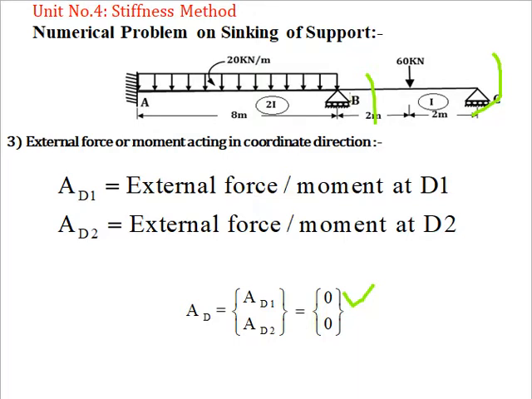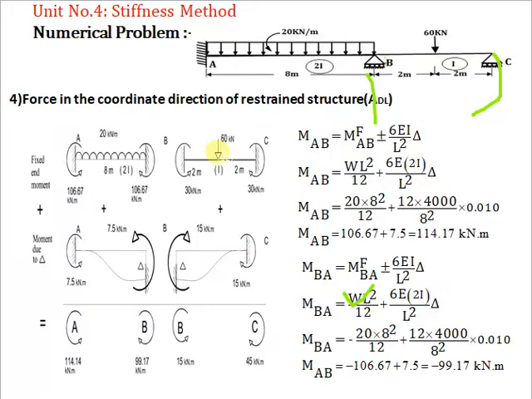After calculating whether an external moment is acting or not, we move toward ADL. ADL means force in the coordinate direction of a restrained structure. So we keep each span restrained. First we considered the span AB and calculated the fixed end moment, and then due to the sinking of a support, whatever moment is produced at B, that we calculated.